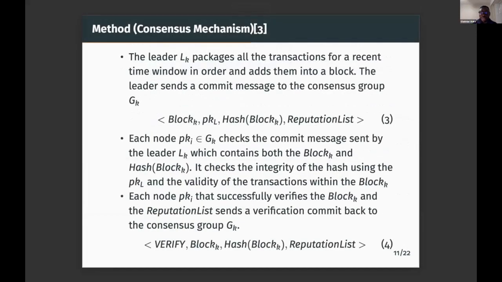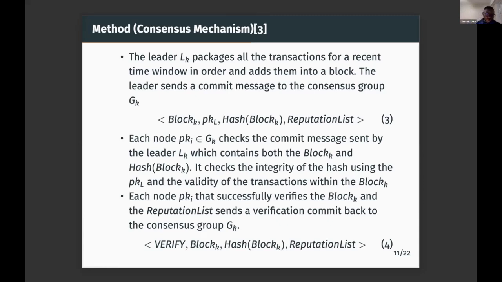Then the leader, after packaging all the transactions from the recent time window in order and adding them to the proposed block, is going to send this commit message to the consensus group, and we denote this commit message as a tuple containing 4 elements: the proposed block, the public key of the leader, the hash of the block, and then the newly generated reputation list, which is going to be generated from all the transactions that have been added to this proposed block.